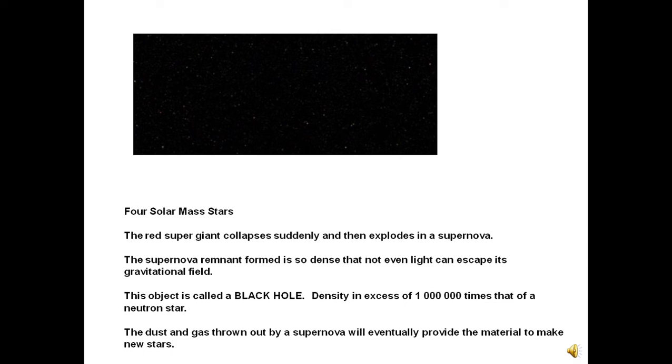The density at the center of a black hole is technically infinite. If you take a small black hole and look at the density on its surface, it's about 1,000,000 times more dense than a neutron star, which, as we've already established, is very, very dense.